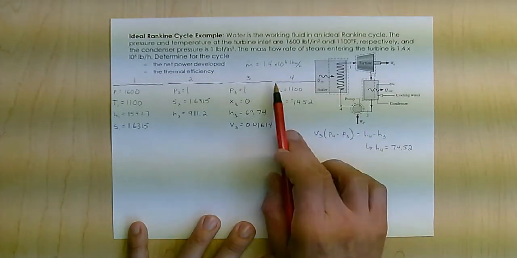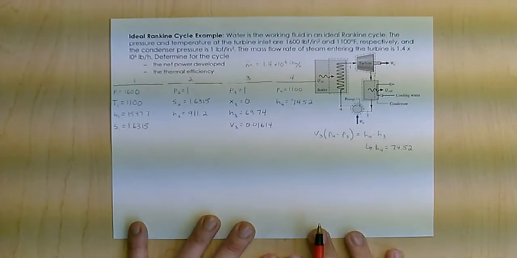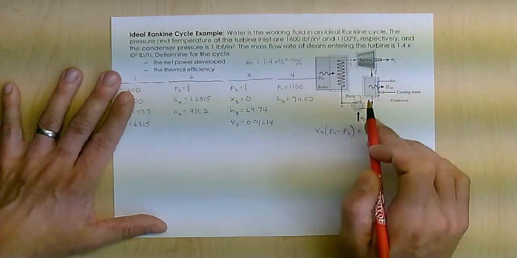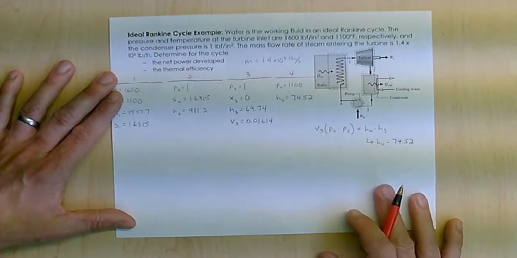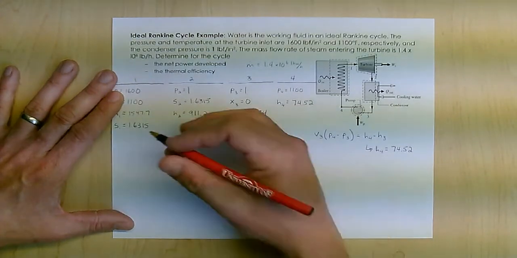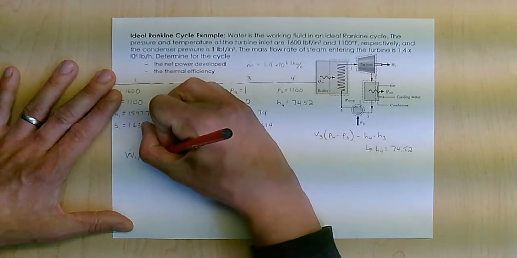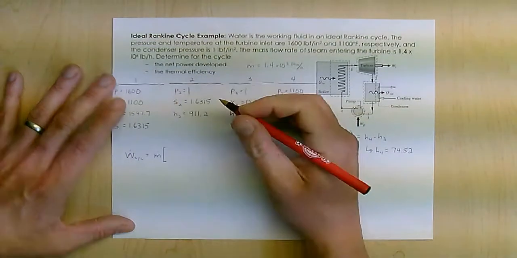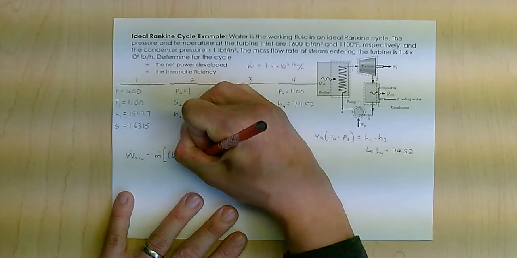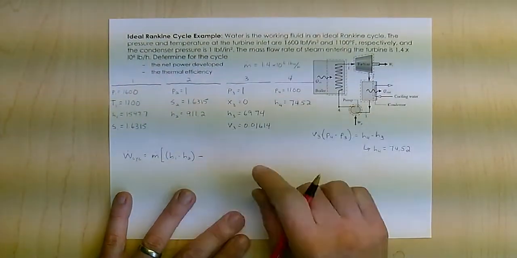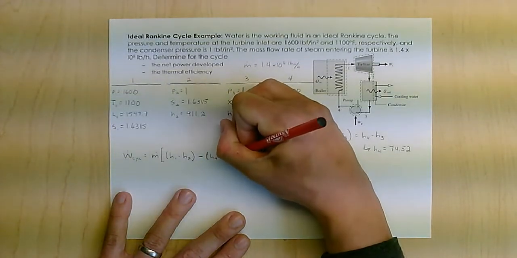Now, knowing the mass flow, I can find the power developed, which is just the turbine minus the pump. Once I set my states, I basically just go through and calculate what I'm trying to find. The work of the cycle is going to be the mass flow times H1 minus H2, that's the turbine, minus the pump, which is H4 minus H3.